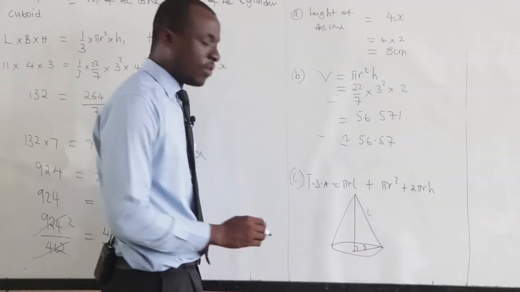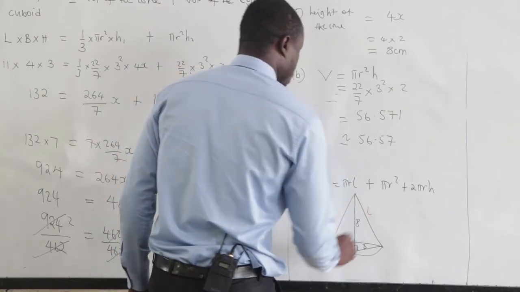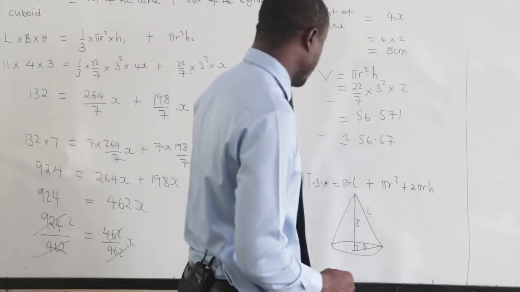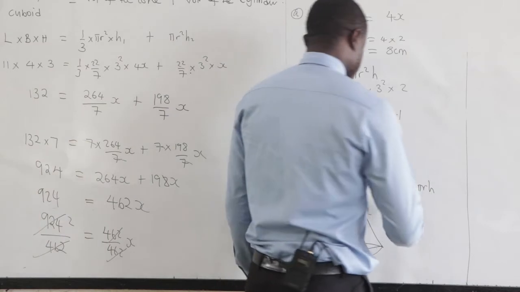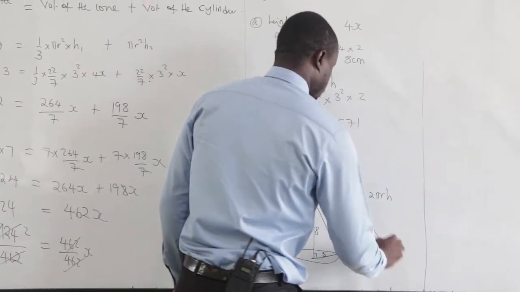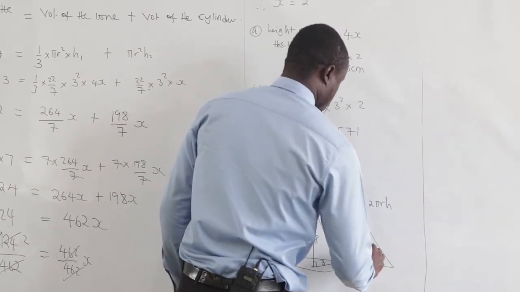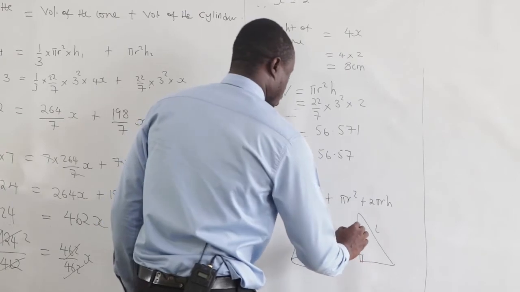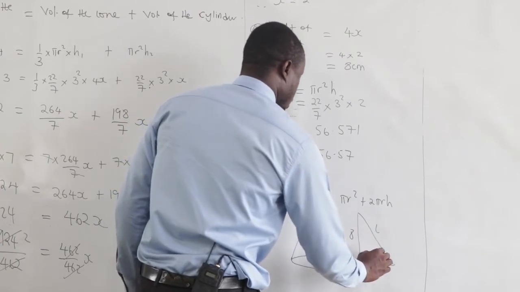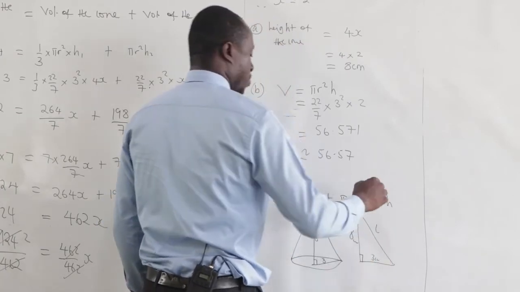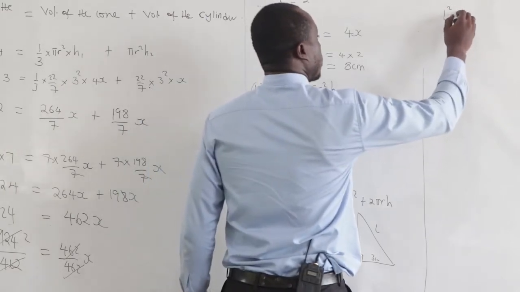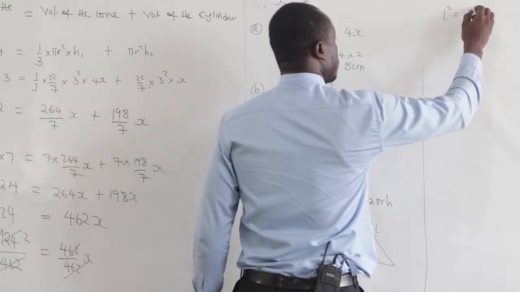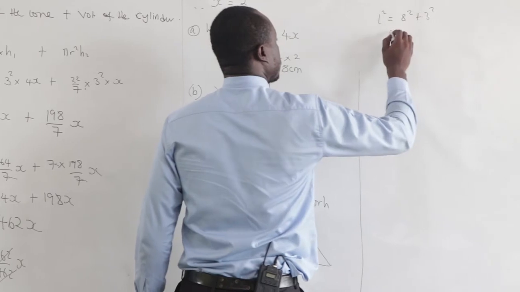The height of the cone, we had it to be 8. So clearly, from here, we can consider the right angle triangle. This 90, this l, this 8, this 3 centimeters. So from Pythagoras' Theorem, we can say l squared equals 8 squared plus 3 squared.